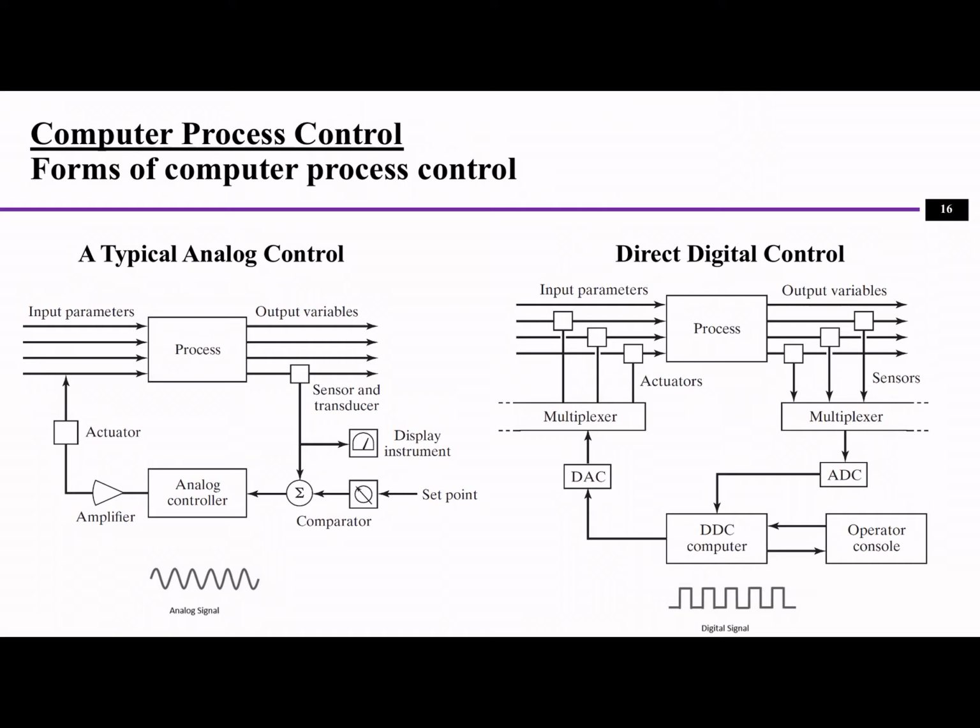Now, because we are starting to use computer process control, let's look at different types of controls. So analog control versus digital control. Analog usually deals with signals that are continuous, while digital control usually deals with signals that are discrete.